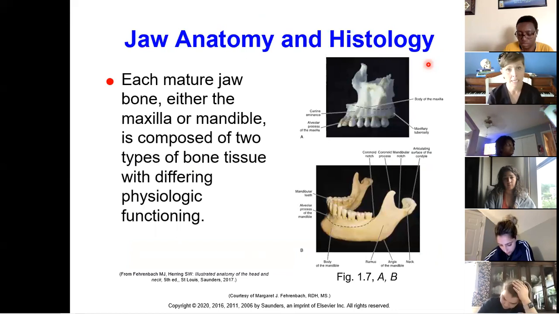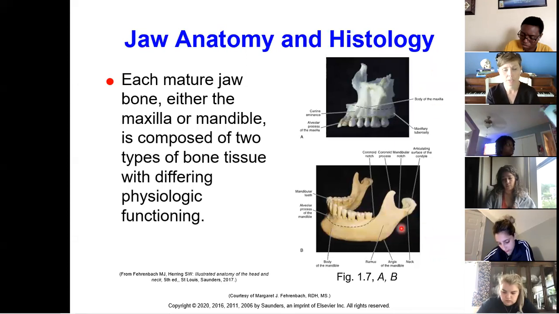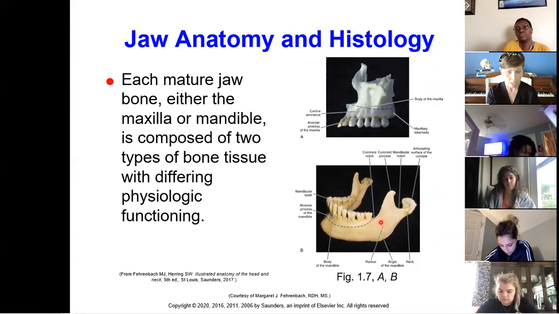Jaw anatomy and histology. Each mature jawbone is composed of two types of bone with differing physiological functions. And here from last term, here's your ramus, your angle of the mandible, your neck, your condyle, your mandibular arch, your coronoid process, coronoid notch, your body.